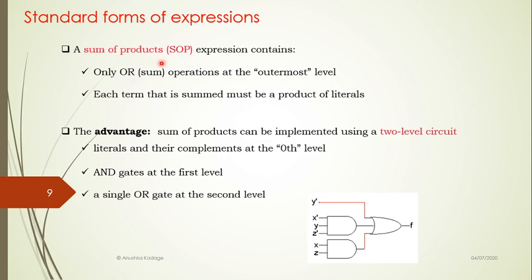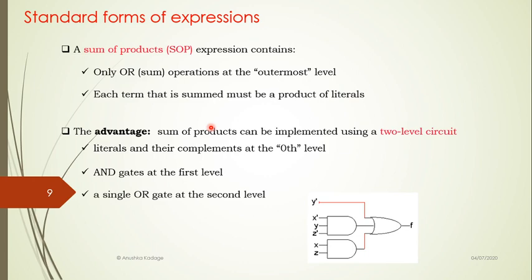In sum of products, only OR operations at the outermost level are seen, and each term that is summed must be a product of literals. Now you know, friends, literals are nothing but either the original variable or the complement of it.